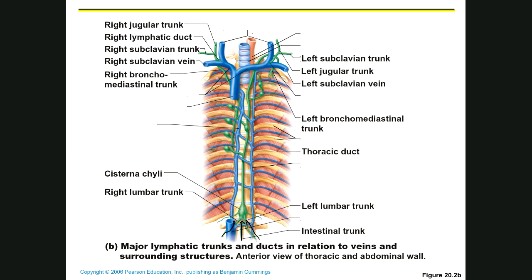And look, it goes all the way through the thorax. All the way through. As it gets up to your chest, the left one joins on. The left bronchomediastinal joins on. And then when you get up here, the left subclavian and the left jugular join on. And so when you look at the amount of your body that this one drains, it's much, much bigger.